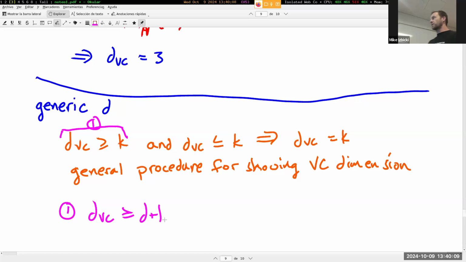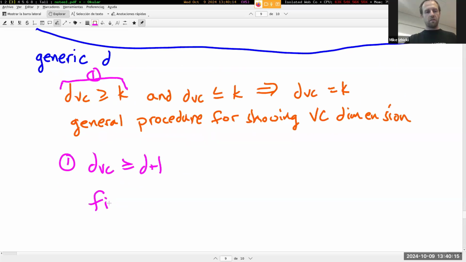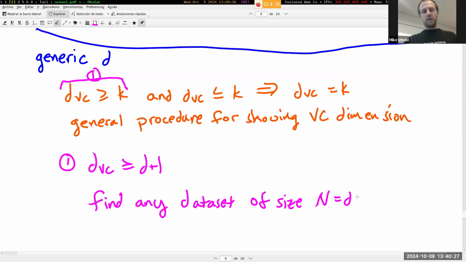And in order to do that, all we have to do is find any particular data set of size N equals d plus 1 that H can shatter, that the perceptron can shatter.